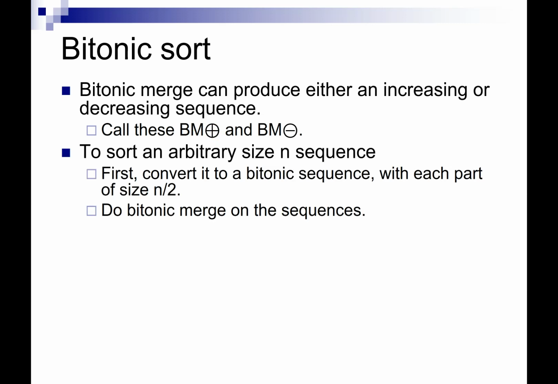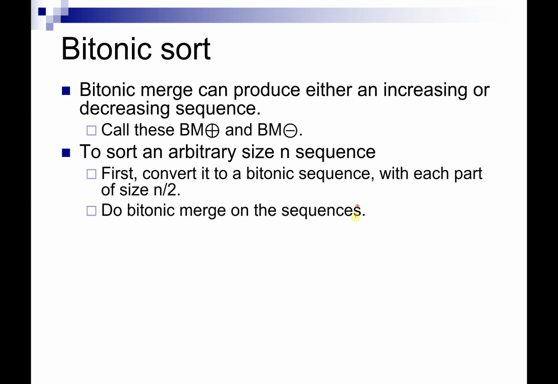Now suppose you're given an arbitrary sequence and you want to sort it. What we will do is first convert this arbitrary sequence into a bitonic sequence, where the increasing part and the decreasing part both have size n/2. Then we do a bitonic merge on this entire bitonic sequence.